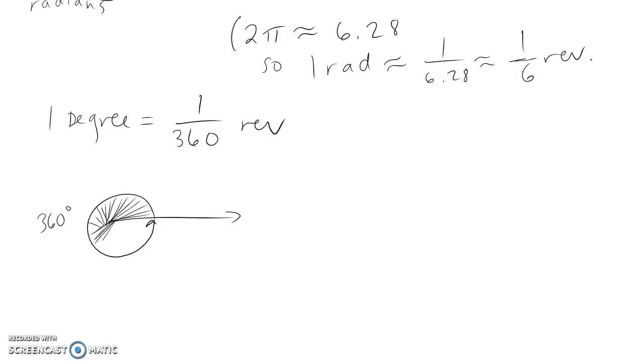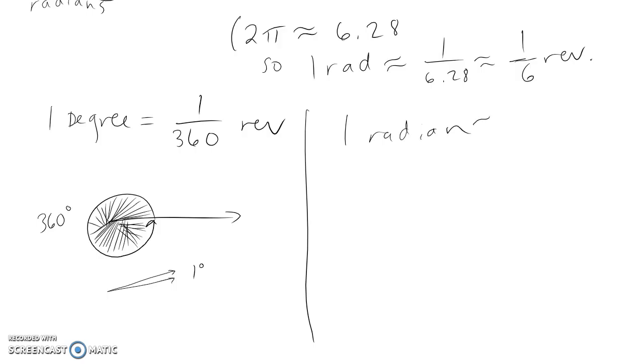And so a degree, something like that, really, really tiny. But a radian, right? 1 radian is approximately 1/6 of a revolution.